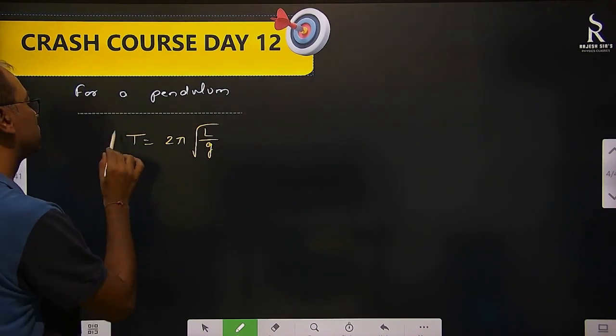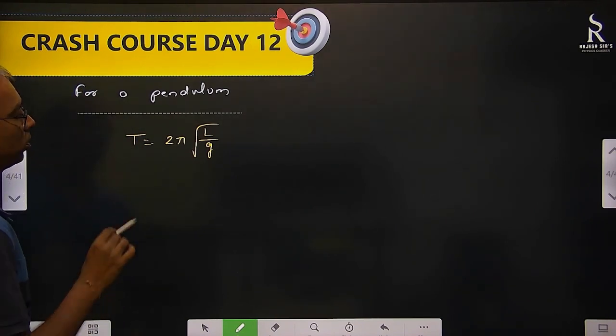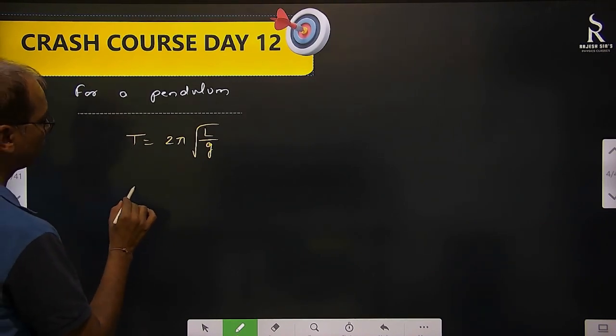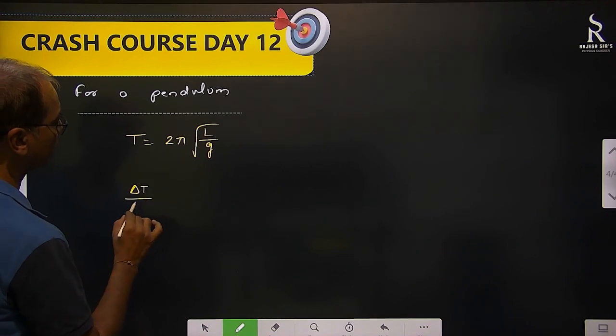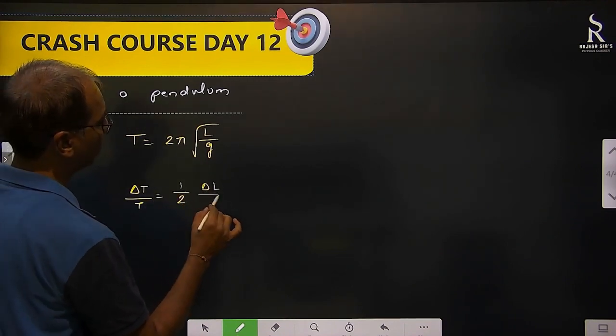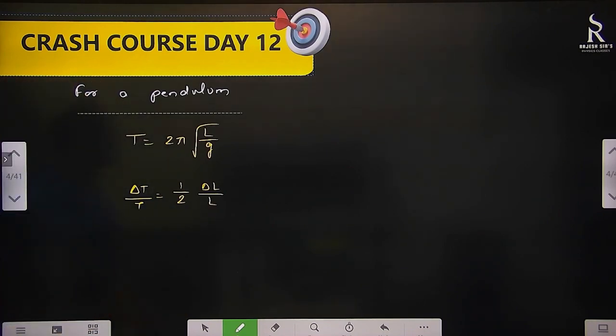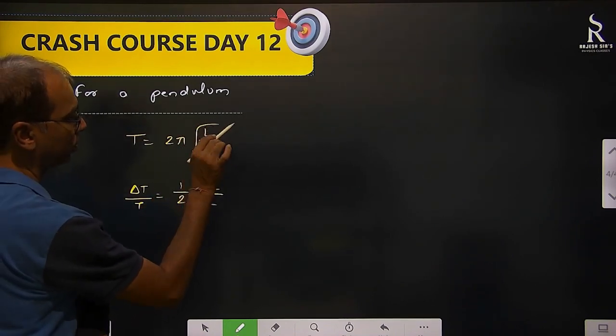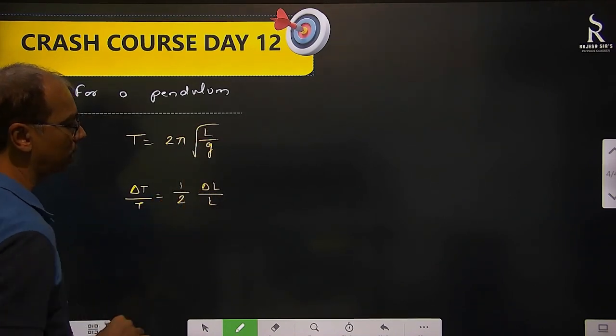Suppose I ask you what is the possible change or possible error in this time period. We would have written something like this: delta T by T is equal to half delta L by L, because L is to the power half. So half delta L by L.